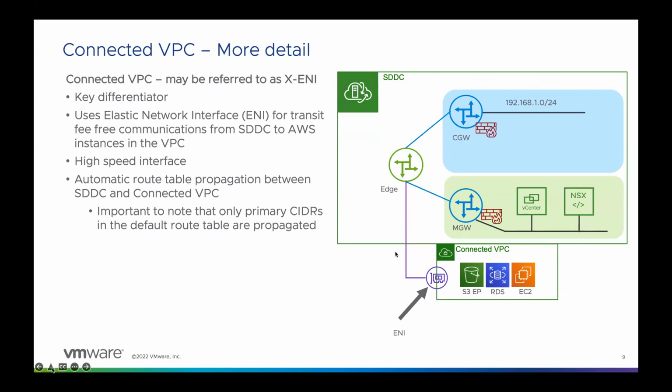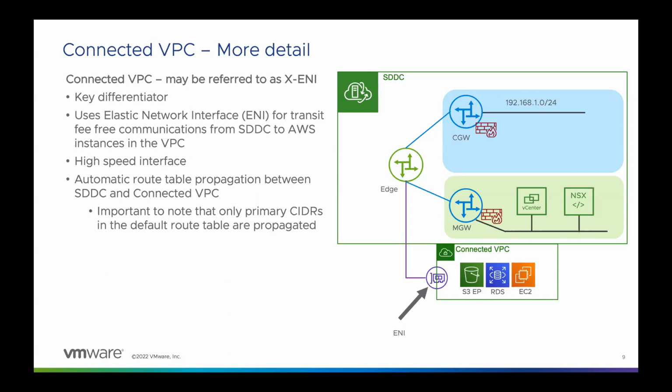So this picture just shows the ENI that's automatically created when you're starting up the service. From a process perspective, just so you all know, when you go into the VMC console, you specify how many hosts that you want to spin up.